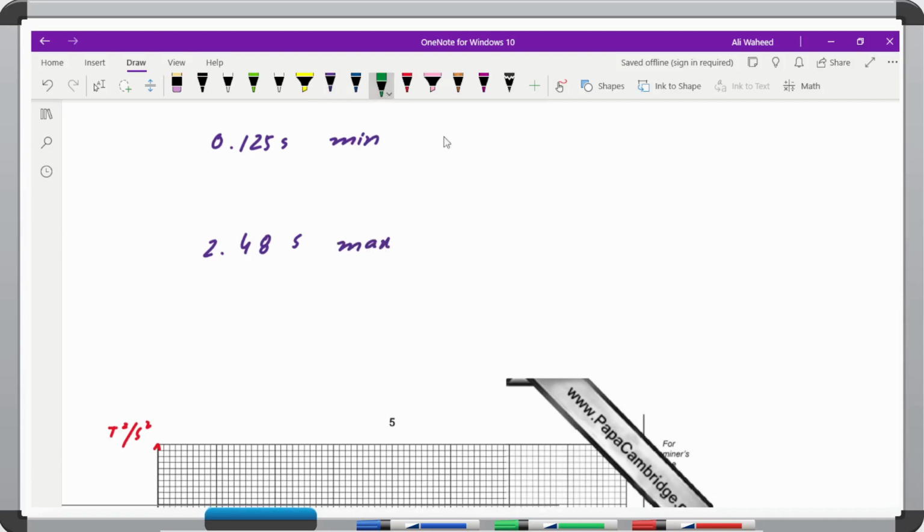What you do for scaling the axis is you subtract these two to find the range, 2.48 minus 0.125, and you divide it by the number of large squares on the axis. In this case we are using the y-axis, so I'm going to divide it by 12.